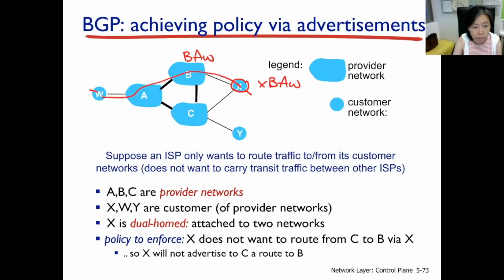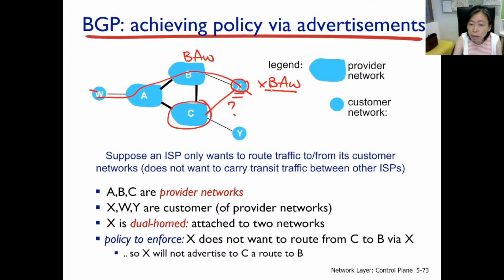Nice. So, makes sense. But hey, X is dual-homed, so there's yet another connection to a neighboring AS, C. So should the network admin of X here send XBAW to C?